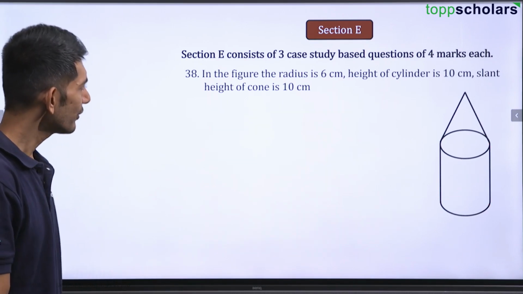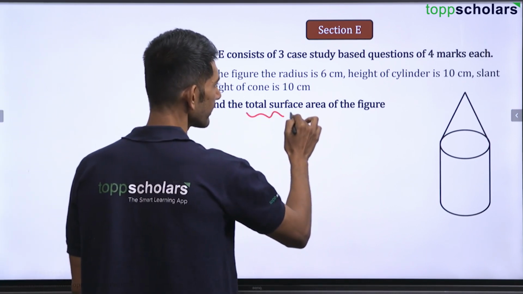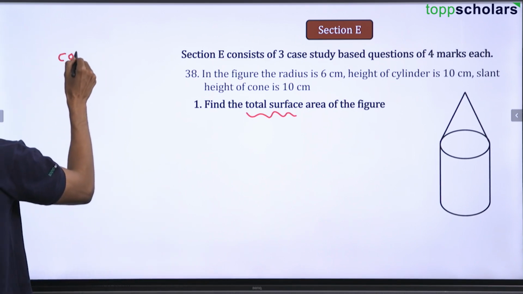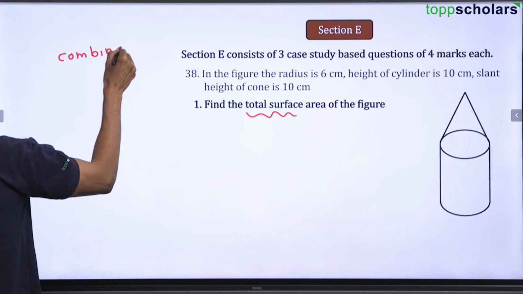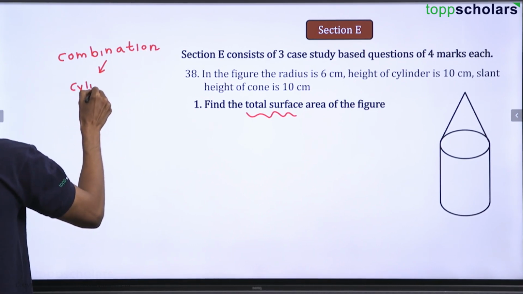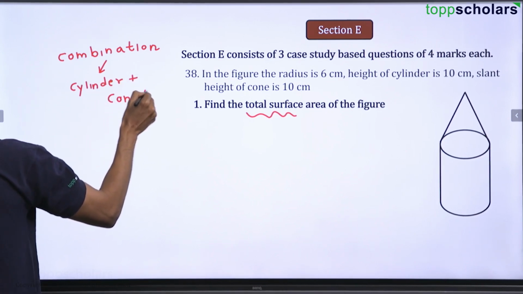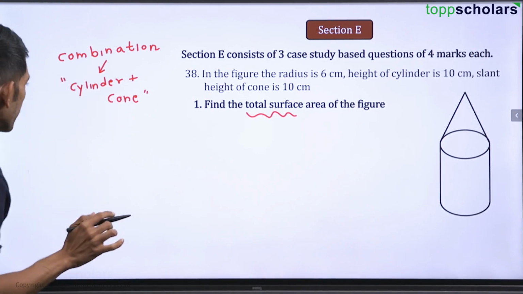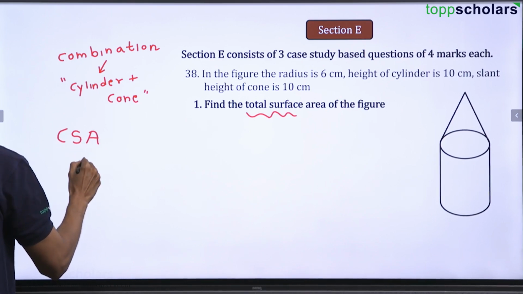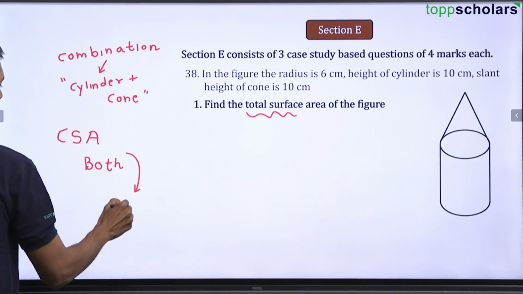Okay. So let's find out the total surface area of the figure. Whenever they tell you to find the total surface area of such a figure, which is a combination of solids, cylinder plus cone, always remember, you are supposed to find out the curved surface area for both and then add them.